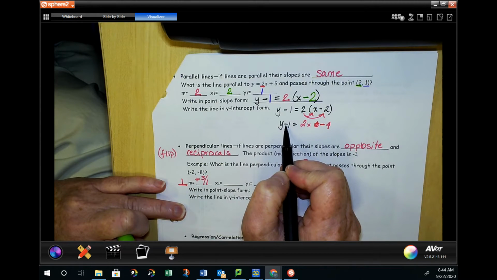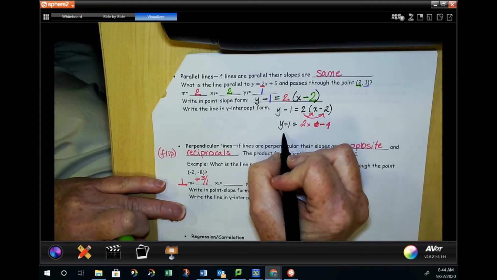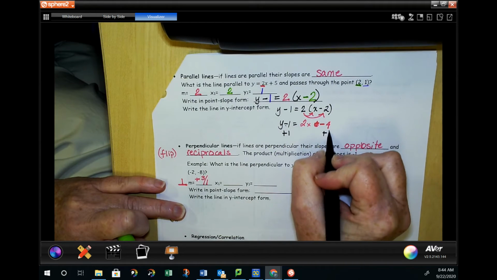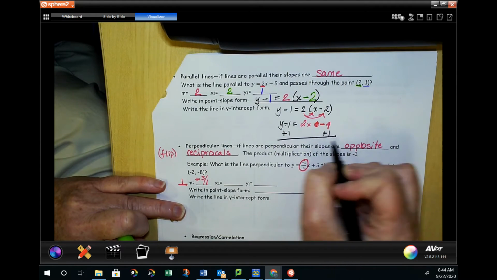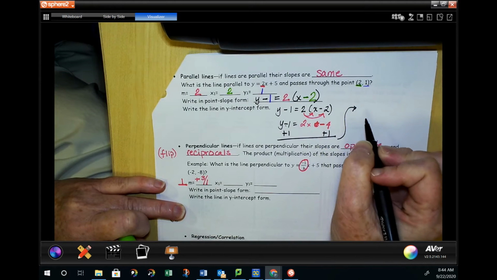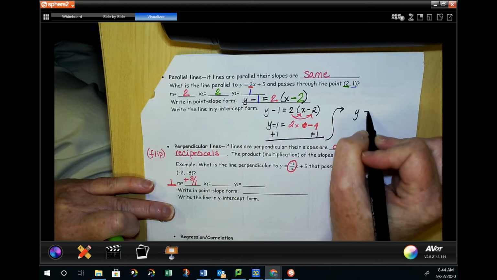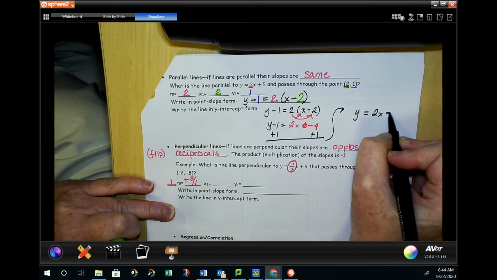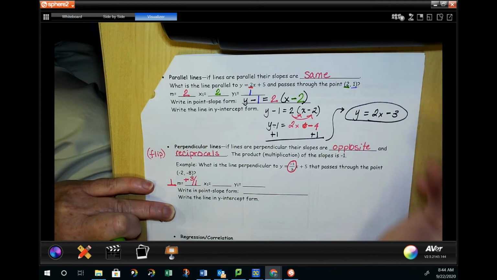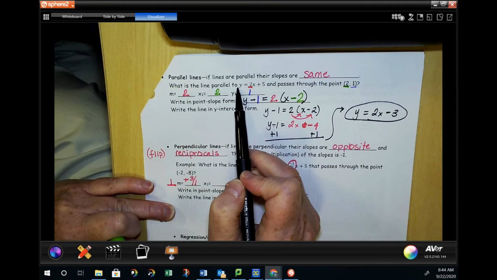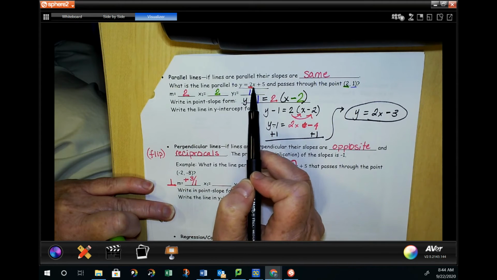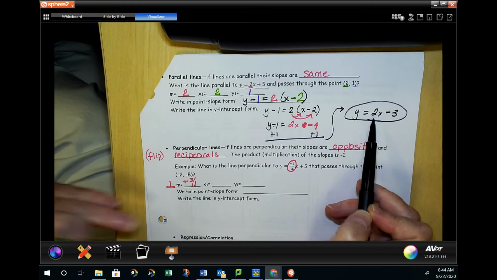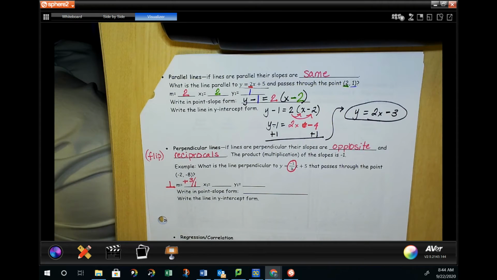The opposite of subtracting 1 is adding 1, so I'm going to add 1 to both sides. I'm kind of running out of room, so I'm going to write it over here. And I get y is equal to 2x, negative 4 plus 1 is negative 3. So this equation right here, y equals 2x minus 3, is going to be parallel to the original.